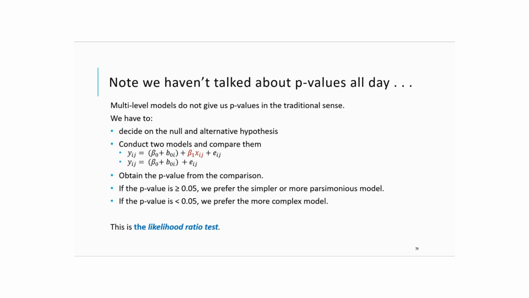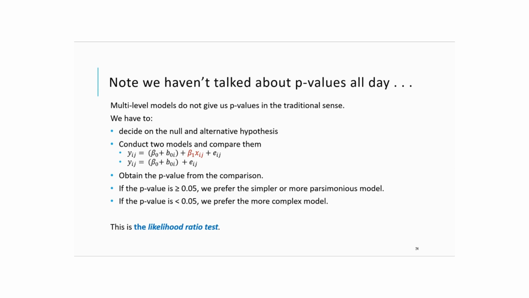But what you would need to do is compare the two models. So you compare your null model versus the model that has your individual predictor. And the p-value you get would help you determine whether you should go with the fuller model, the one with the individualized predictor, or with your smaller model.